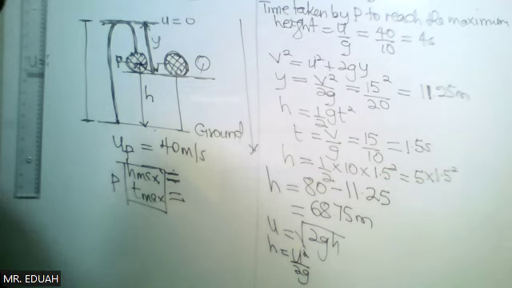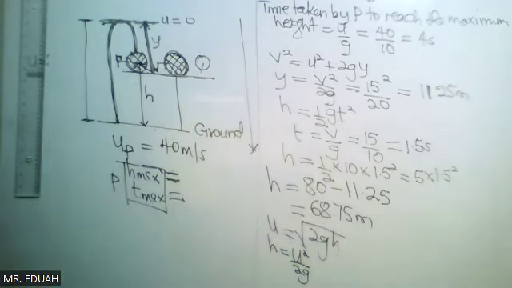Which height? It's the downward. Okay. Janice, when do we use this formula? Sir, when you are finding the maximum height.